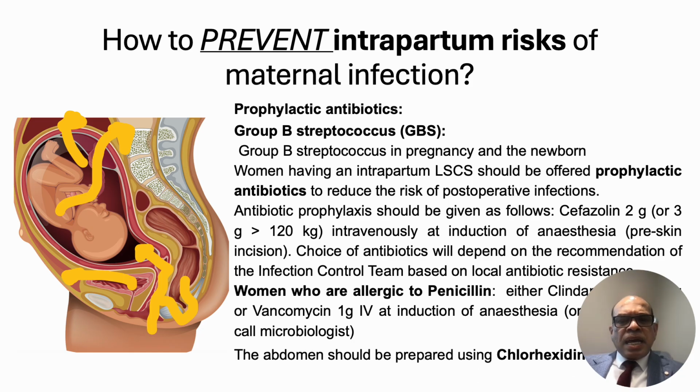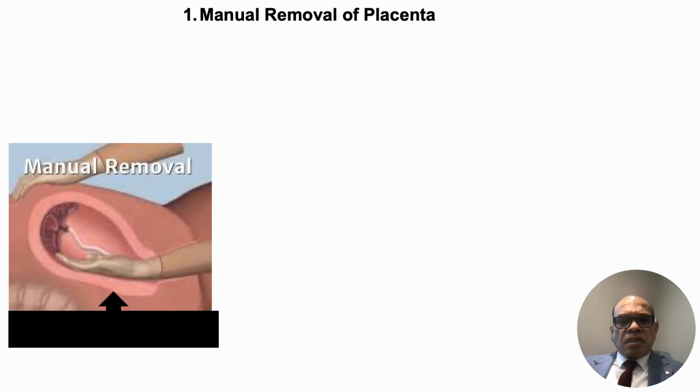And depending on the local antibiogram in your own hospital, you should choose the right antibiotic for your hospital based on the resistance reports. So remember, when we do artificial separation of membranes, membrane sweep or Hamilton's technique, or when we do manual removal of the placenta, we are safe because we are wearing sterile gloves.